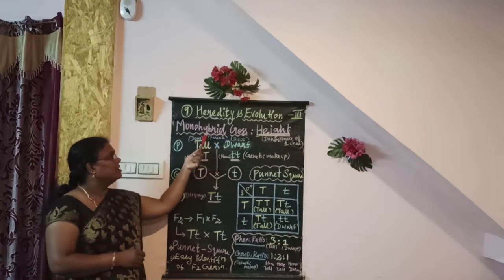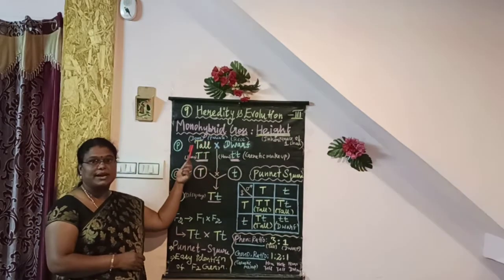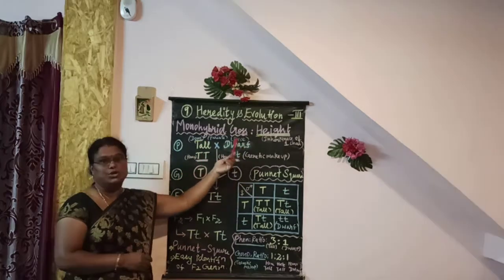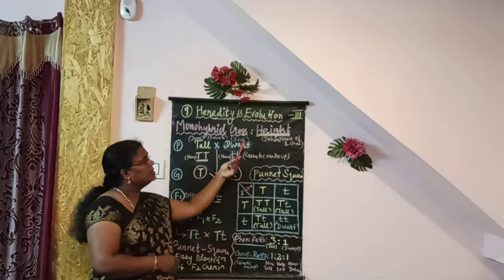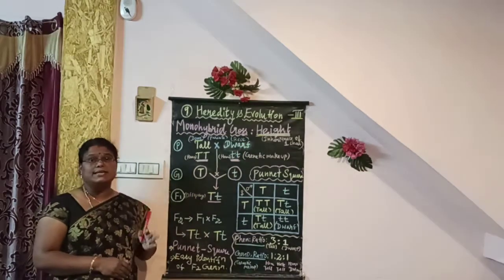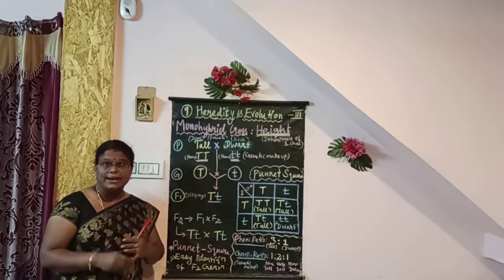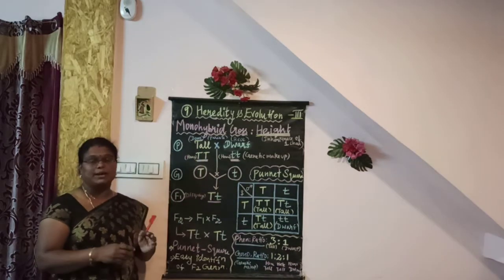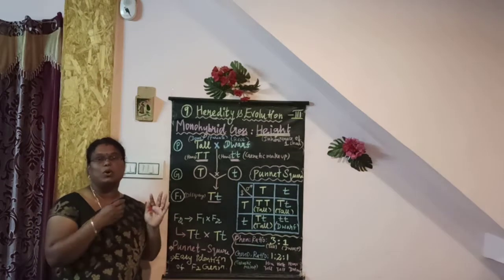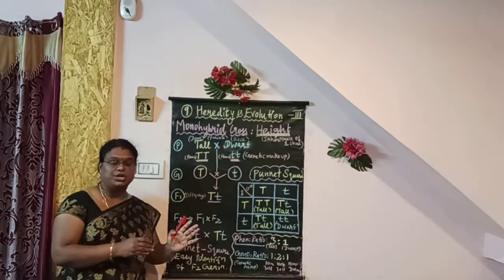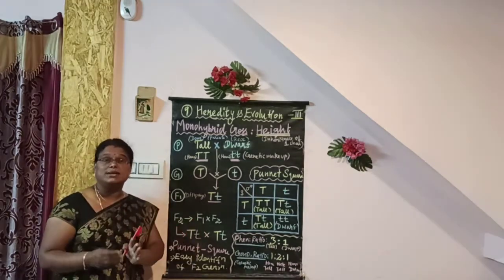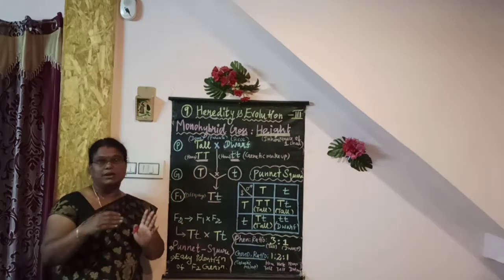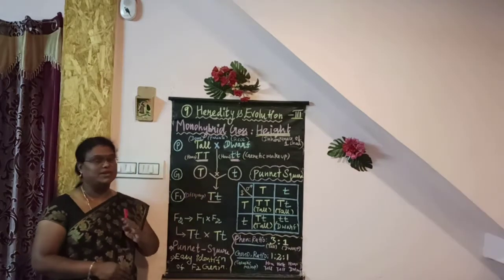See students, two contrasting characters of height: tall and dwarf. The monohybrid cross is the inheritance of one character, and we'll see how he did the monohybrid cross, what the result was in the first generation, that is the F1 generation, what the result was in the F2 generation, and how the genes are inherited from parents to offspring.